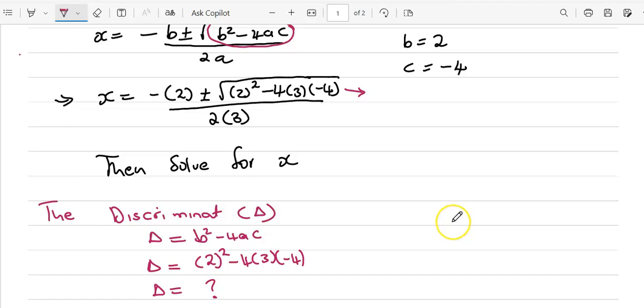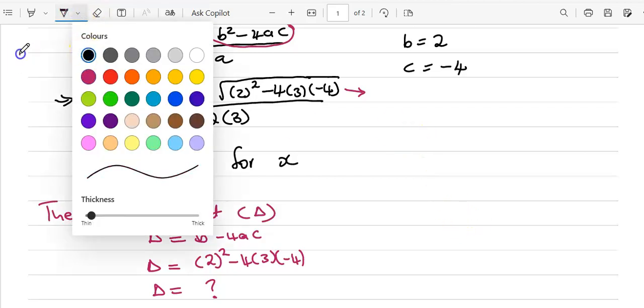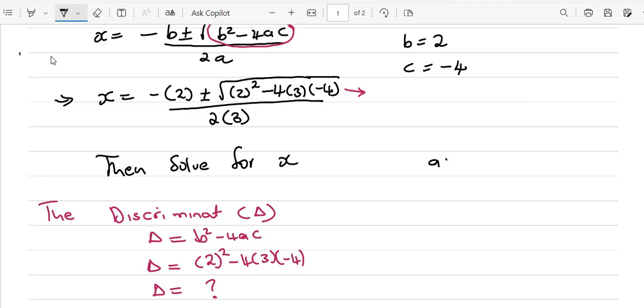Okay. Now, you need to understand when we have 2 real roots in an equation, and also when we have 1 real root and when we have non-real roots. Let's say that in the given equation, you find that the value of a is greater than 0.